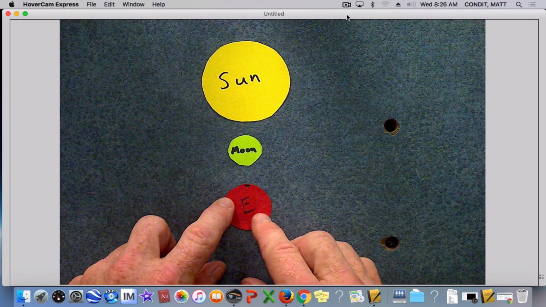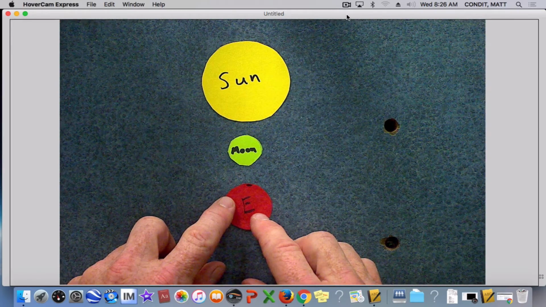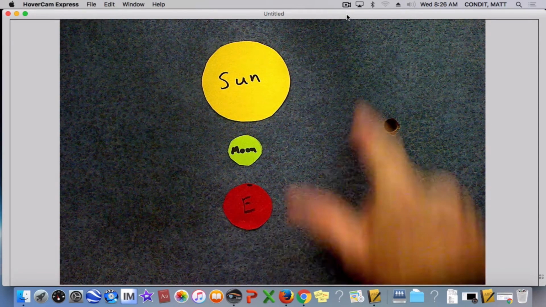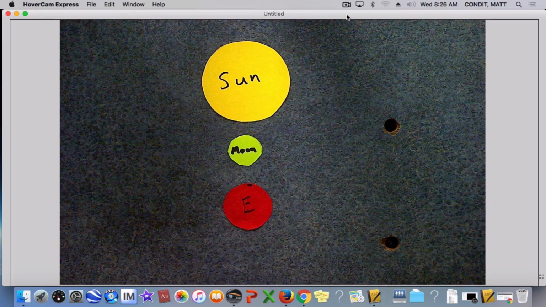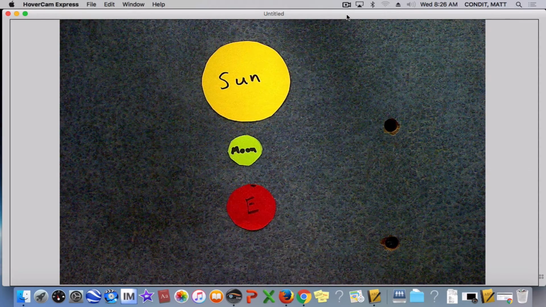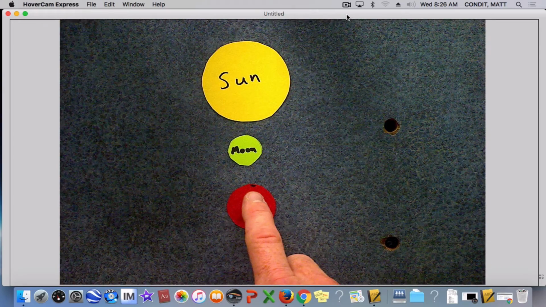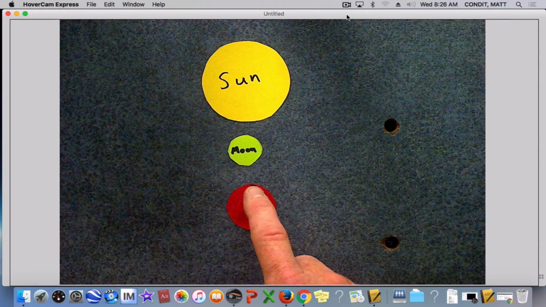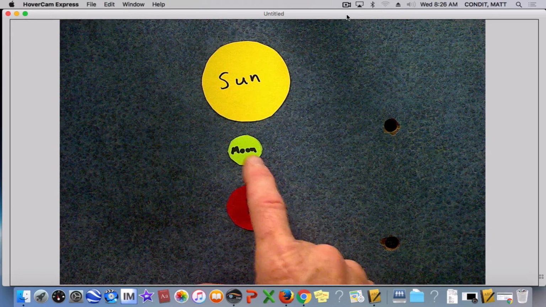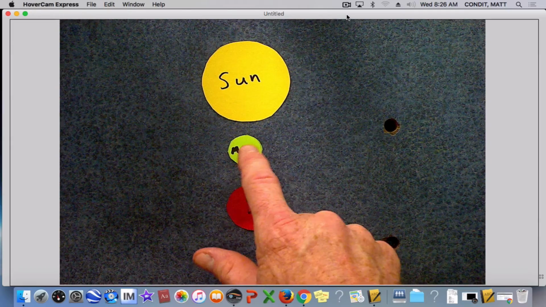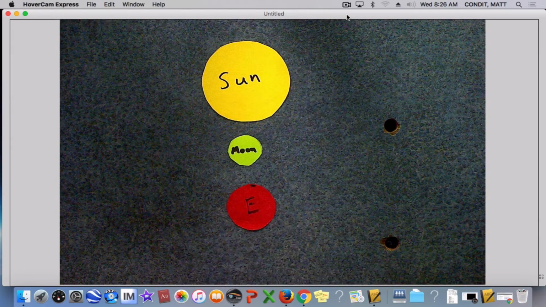Let's say I said 1 day later. Again, this takes 365 days to go around. In 1 day we are going to have some movement, but it's going to be pretty imperceptible. We're not going to move this because it's rotated 1 day all the way around back to its position. The Moon, though, takes about 30 days, about a month, we found out, to make one revolution around the Earth.